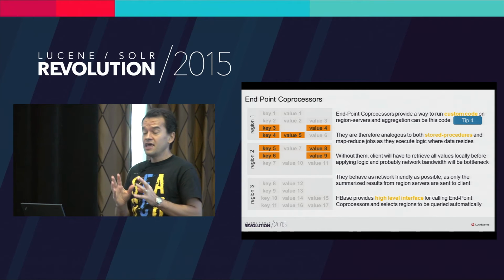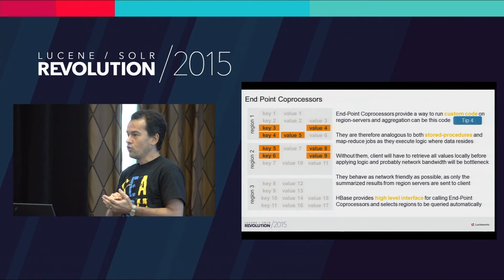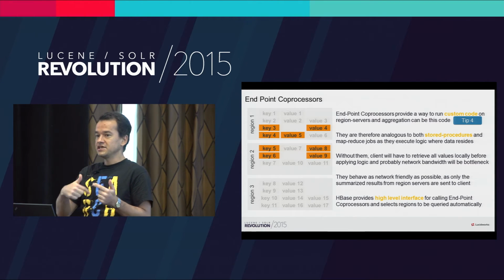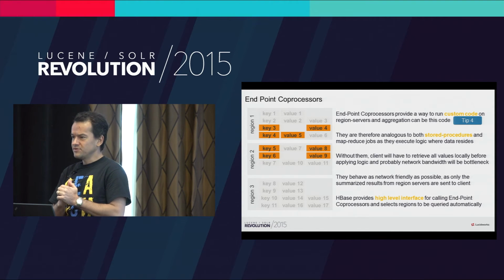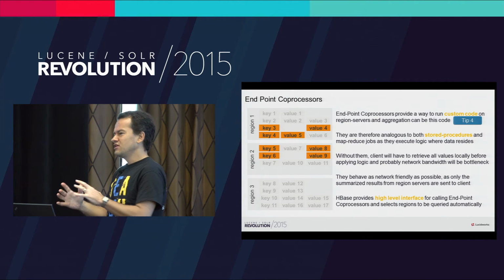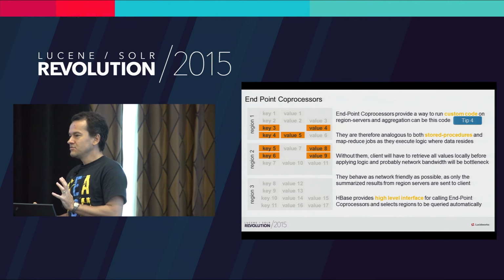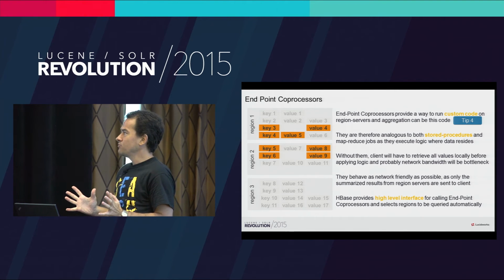That means they offer you the ability to inject your custom code on the server side and to execute it on the server side. Don't be scared, I won't give code examples. They are not so trivial, a few lines like in SolrCloud. You will need a few more lines, but anyway, it's not so difficult to write your own endpoint coprocessor.